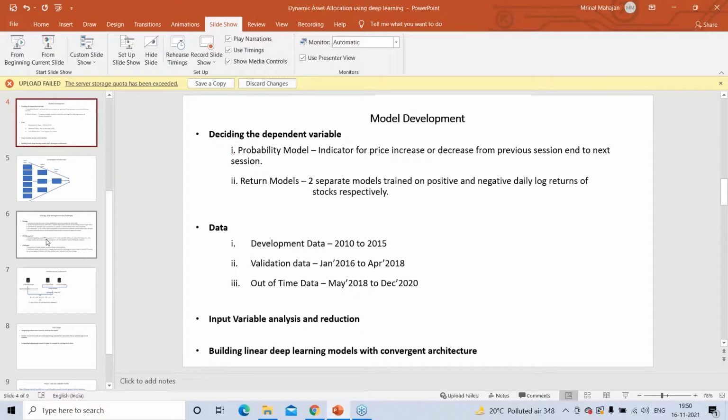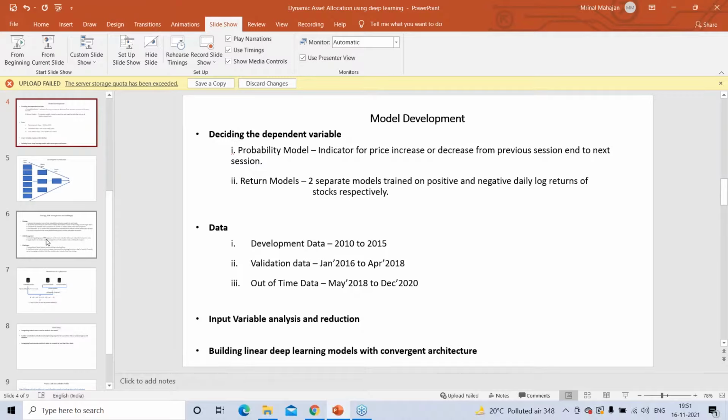I simply applied a stop loss of 5% of the investment value on a stock. Whenever a stock loses 5% of the value of what is invested into it, it's completely removed from the portfolio. So 5% is the maximum loss that any stock sees. I hope that answers your question, Bruno.